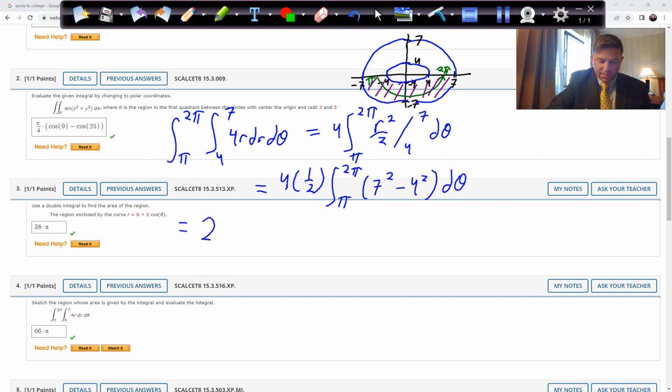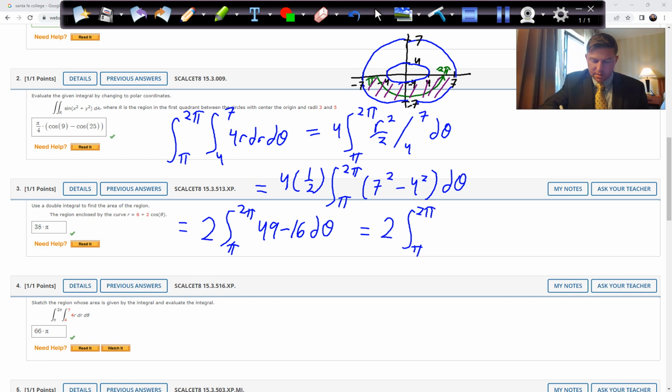This is 4 times 1/2 is 2, pi to 2 pi. And we're going to get 49 minus 16, d theta. And that's going to equal the integral from pi to 2 pi of 33 d theta. But we can pull that out and call it 2 times 33, which is 66, pi to 2 pi of just d theta. That's going to be 66.